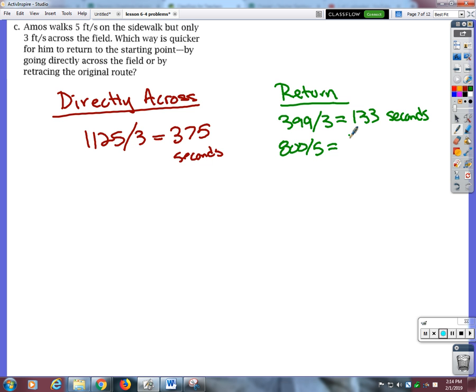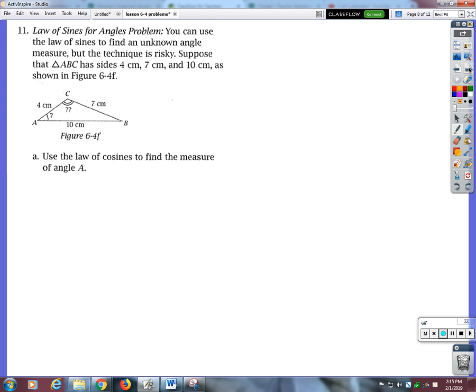Is that right? So actually, if you add those up together, you get 293 seconds. So he could save over a minute by walking back the way he came. Thank you, math.